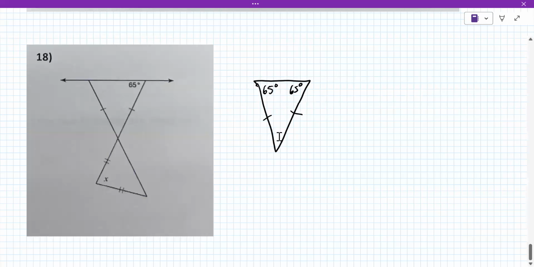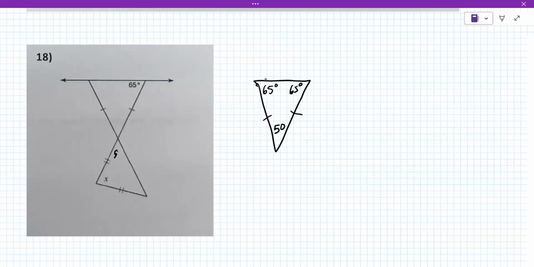Will you find this third angle for us, please? Keep in mind that all three add up to 180. 50. It's 50.